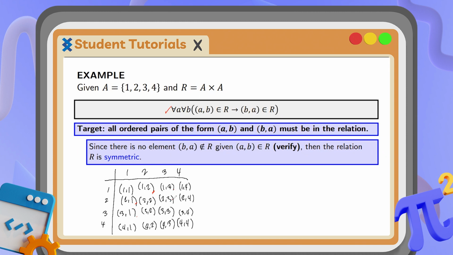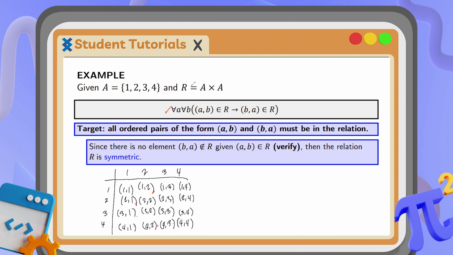3, 2 and 2, 3 are also here. 1, 4 and 4, 1 are here. 2, 4 and 4, 2 are here. 4, 3 and 3, 4 are here. And because all of them satisfy the condition, we can say that the relation is symmetric.